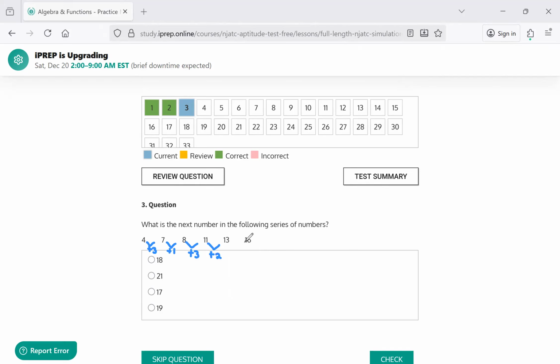And from 13 to 16, you add 3. That looks like a really horrible mess. There's not an exact pattern. You went from 3, 1, 3, 2, 3, and there's not a good pattern.